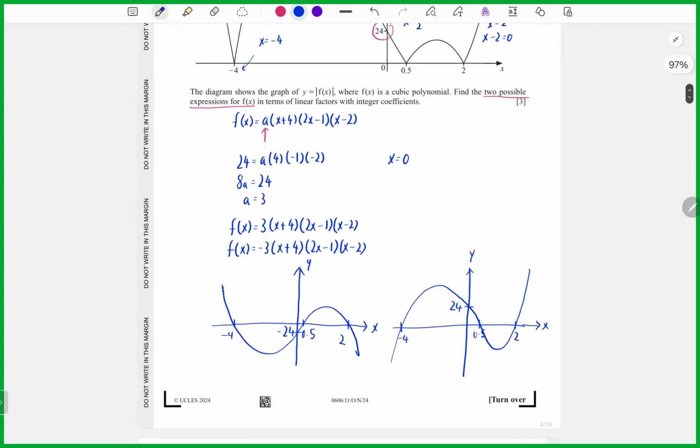Actually there are two possible ways here. Now we have already finished question 1.